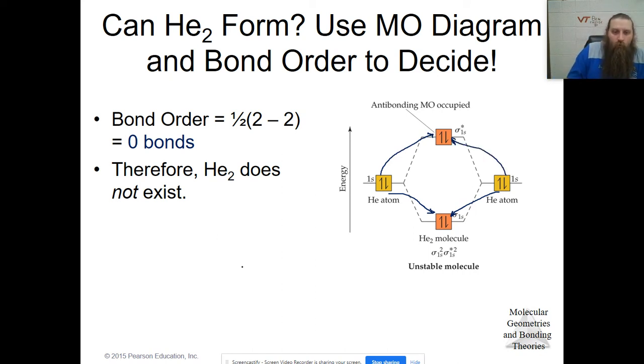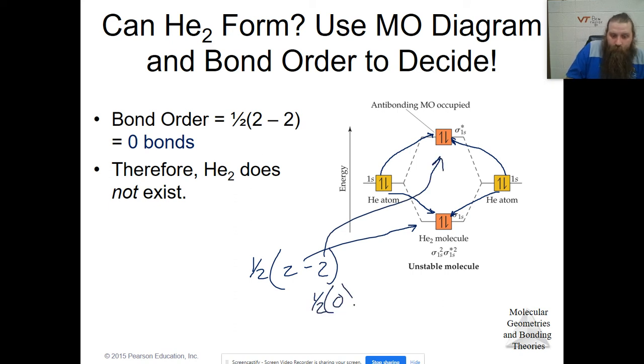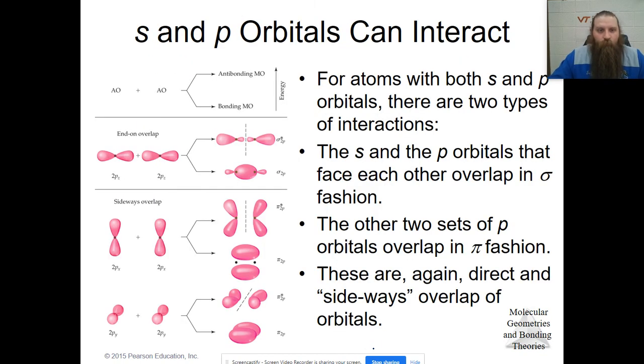Well, let's do our bond order. 1/2, 2 at the bottom, minus 2 at the top. Well, 1/2 of 0 is 0. I have a 0 bond order. It means there are no bonds. It can't exist. And this is a really useful thing if we're trying to figure out and prove whether we can make a compound.